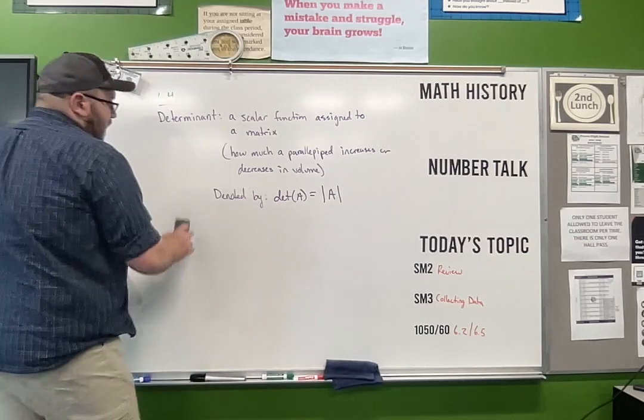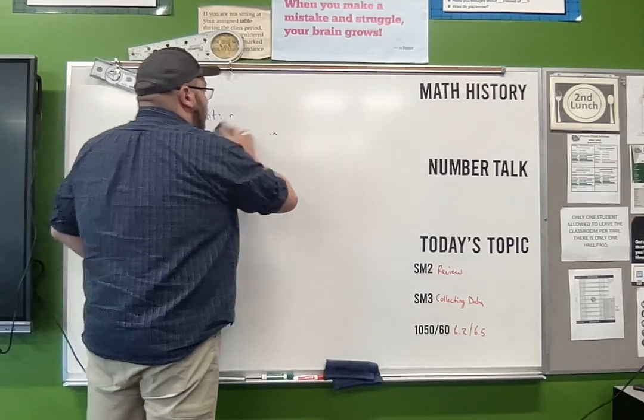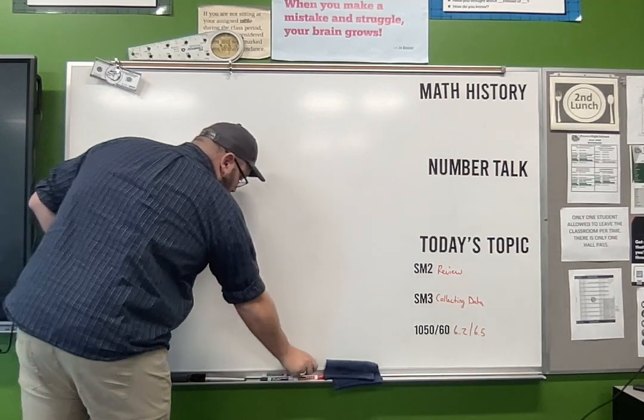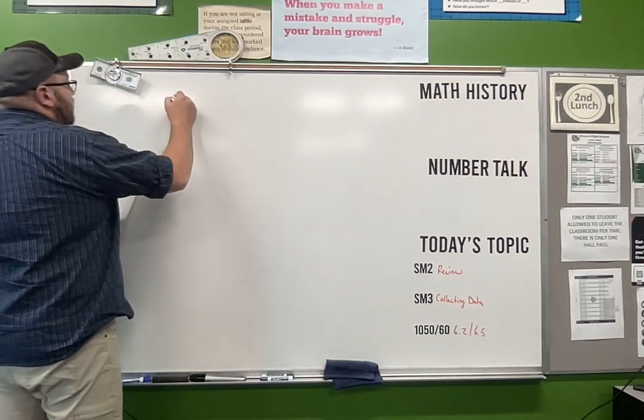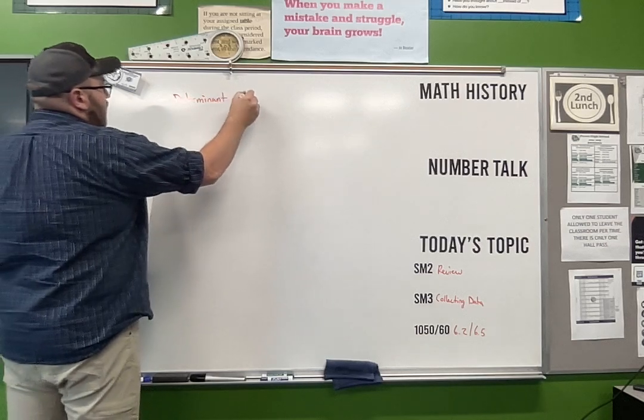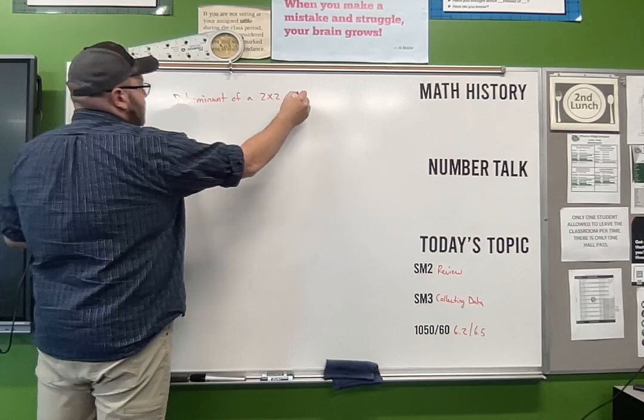Okay, so the first thing we're going to do is there is a formula for finding the determinant of a 2x2 matrix. So determinant of a 2x2 matrix.